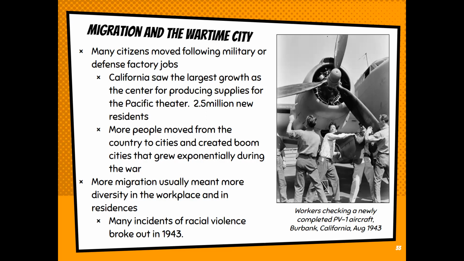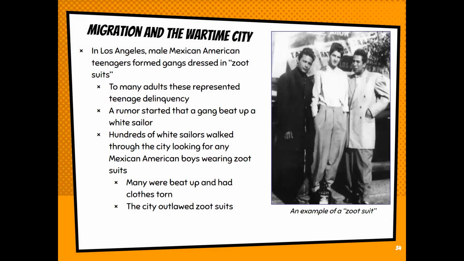We see more diversity in workplace jobs, although in some states these jobs were segregated. Unfortunately, that also leads to more violence. One example of this is in Los Angeles. During this time period, male Mexican-American teenagers wore a fashion style at the time called the zoot suit.